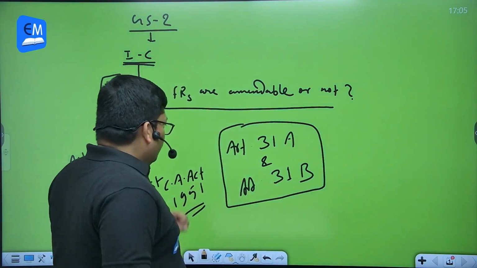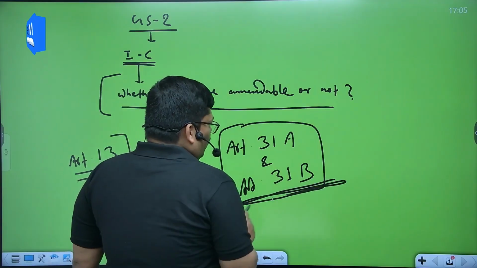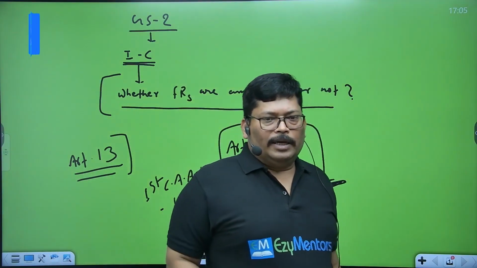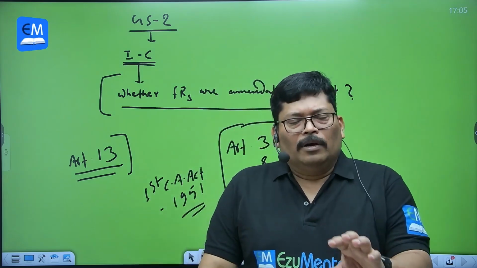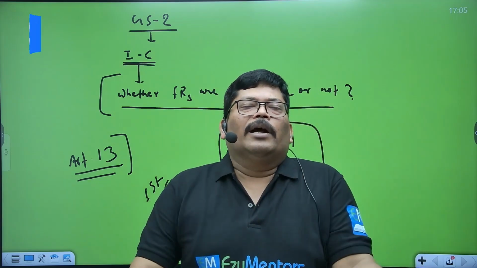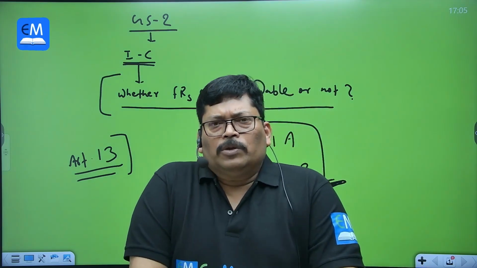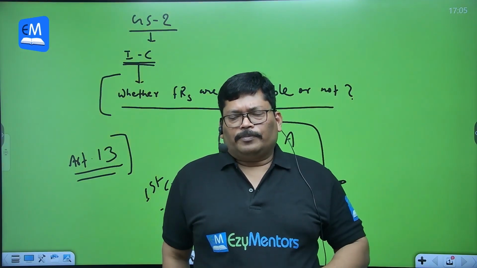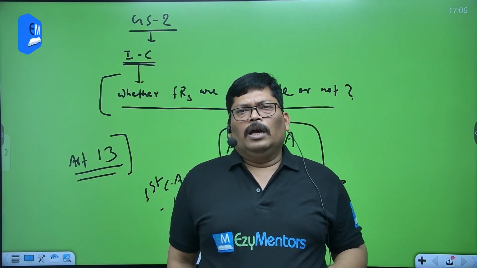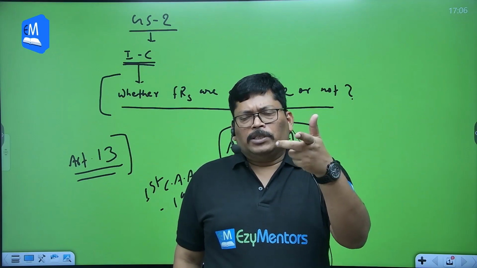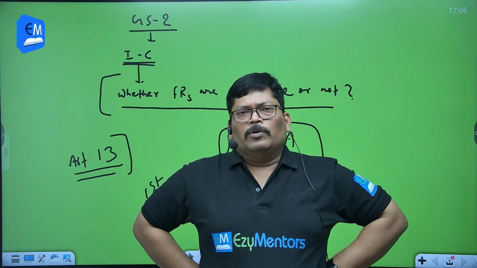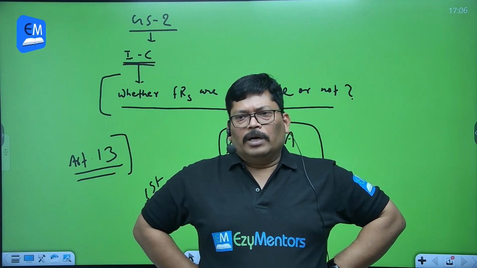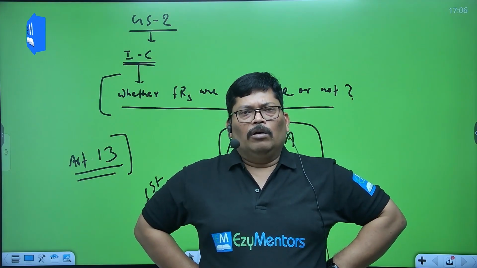Okay. Similarly, Article 31B makes the provision that if socio-economic justice related rights are to be ensured, and in order to ensure them, suppose the state has formulated a law, that law shall be allowed to enjoy immunity against all the fundamental rights.